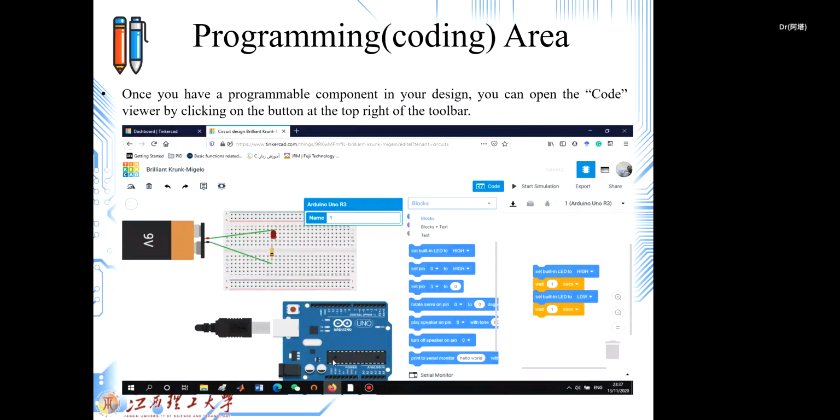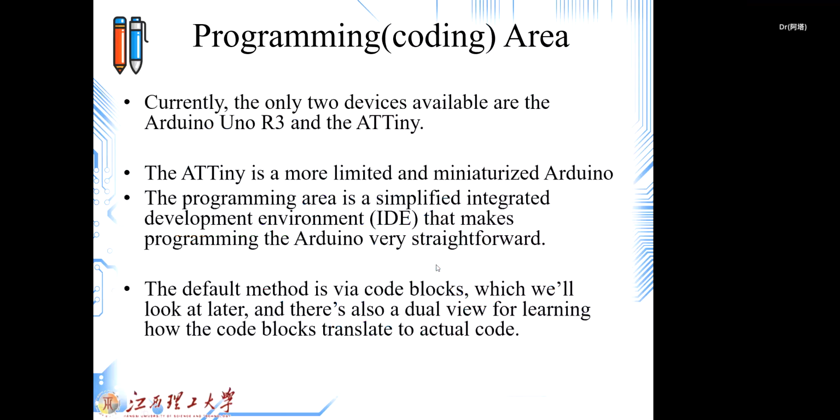But here, suppose we have one Arduino Uno and one LED, and we are going to replicate the LED project. Let us see. Currently, for Arduino, we just have the Arduino Uno R3 and the ATtiny. It may be extended later, but anyway, Uno R3 is quite fine and suitable for us.